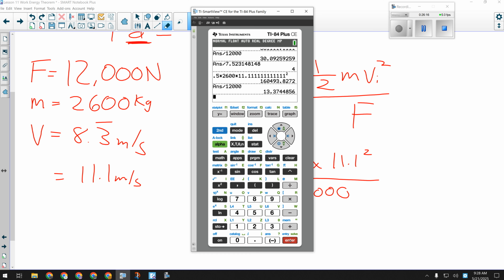I'm only going 10 kilometers an hour faster, but I travel almost twice as far. That's a big difference between 13.4 and 7.5. That's a long way. It's a lot further to travel if there's a little kid running out in the street.